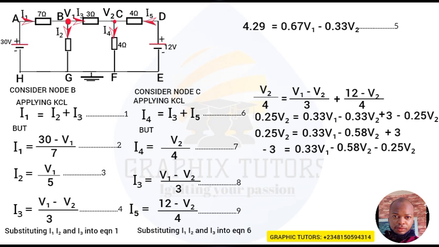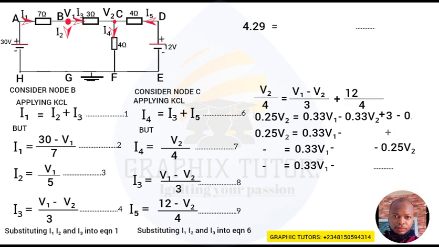So collecting like terms here now, we now have minus 3 is equals to 0.33 V1, right? Minus 0.83 V2, because when you bring 0.25 V2 and 0.58 V2 together, both of them have negative, you'll be having negative 0.83 V2. So I'm going to term that my equation 10.